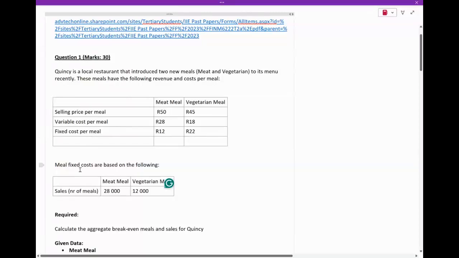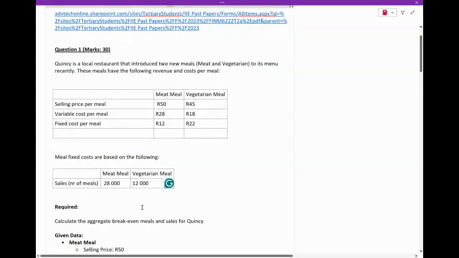The meal fixed costs are based on the following sales number of meals, in other words, the number of sales they project for the respective meals. Then they say calculate the aggregate break-even meals and sales for Quincy.